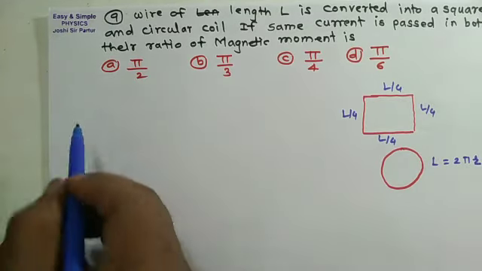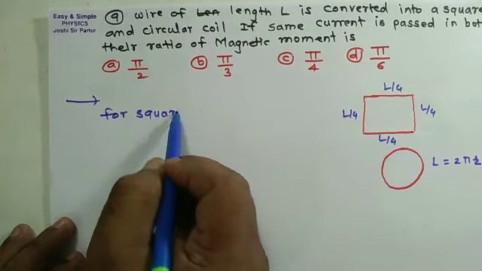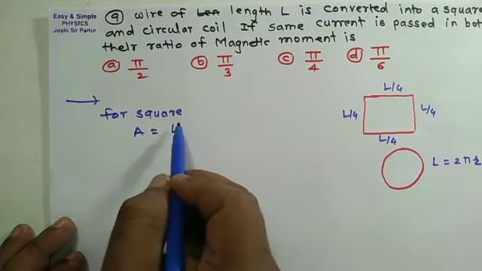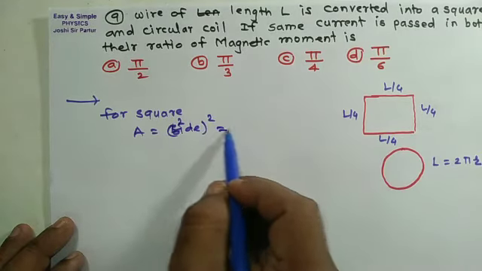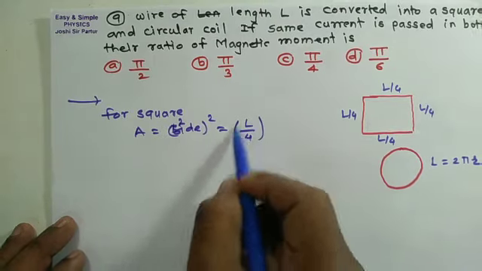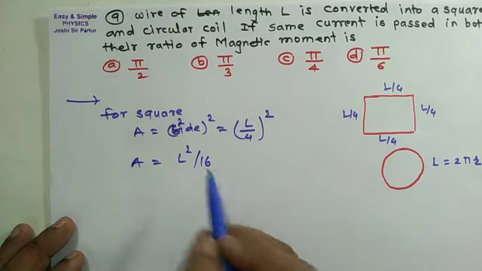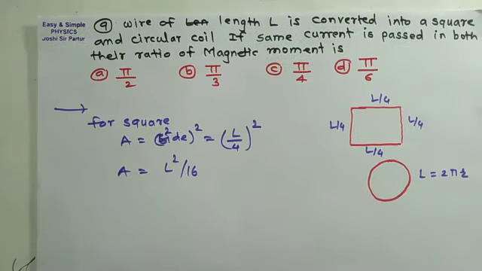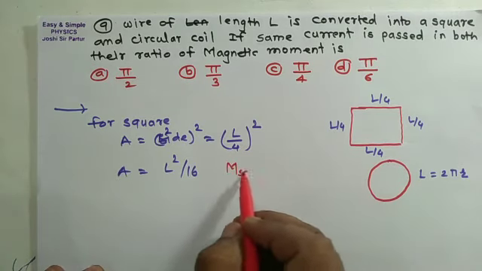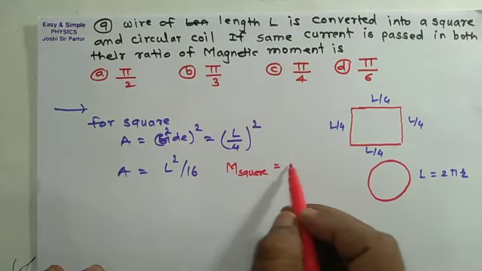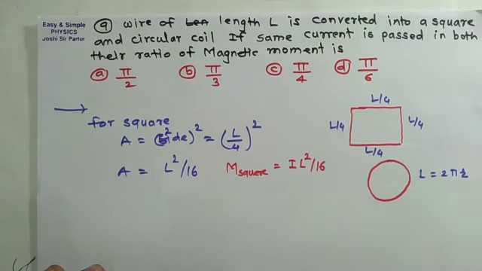Okay. So for the square, area is equal to side square, which is L upon 4 whole square. Area is equal to L square upon 16. So the magnetic moment for the square will be I L square upon 16.